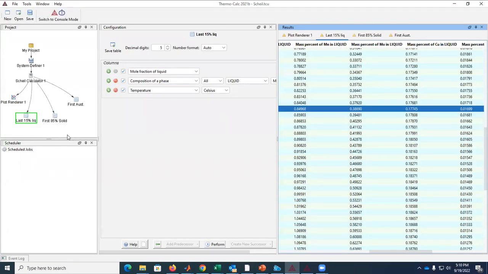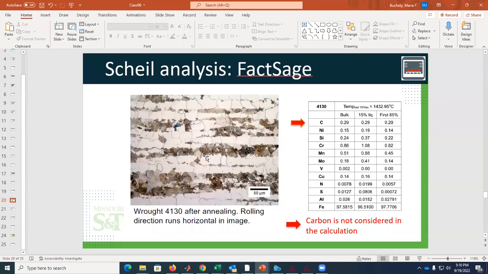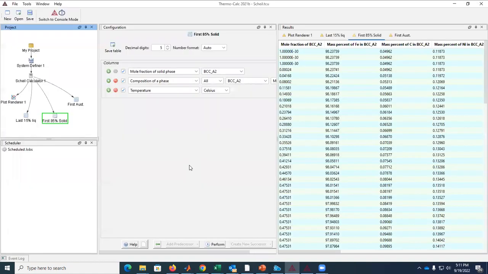With the same assumption, I could say a similar case for the solid. So in this case, the first material to solidify, assuming that it is the center of the dendrites, which are basically the lean areas, I'm assuming are the ferrite banding in this case.